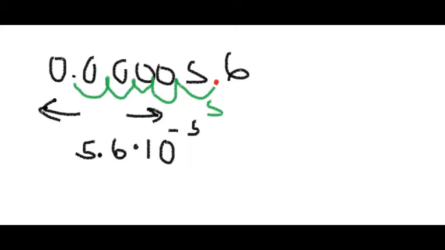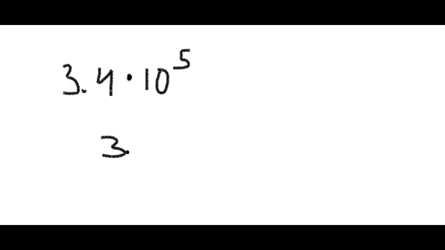Alright, so here I'll just do a simple example. We have 3.4 times 10 to the, let's say, 10 to the 5th power. Alright, all we're doing is moving the decimal place 5 places this way.